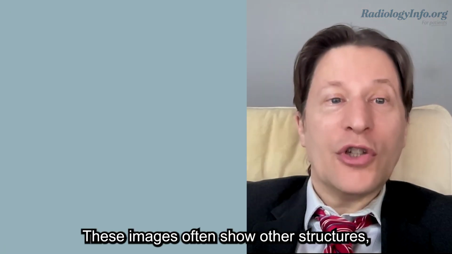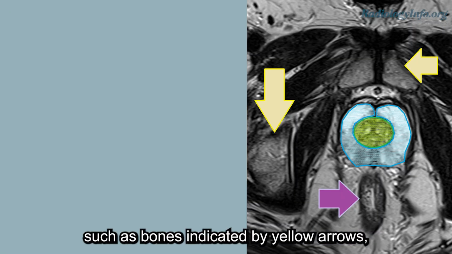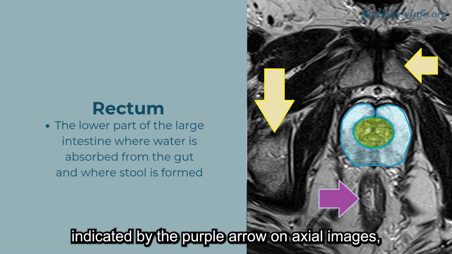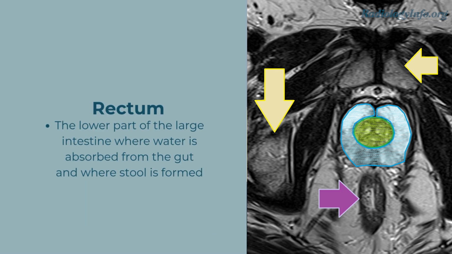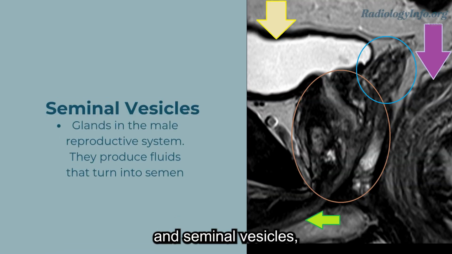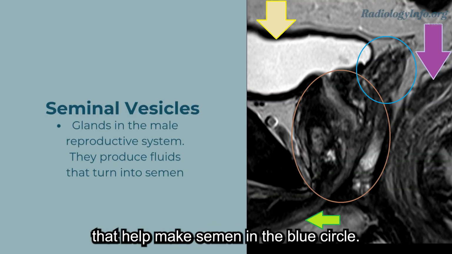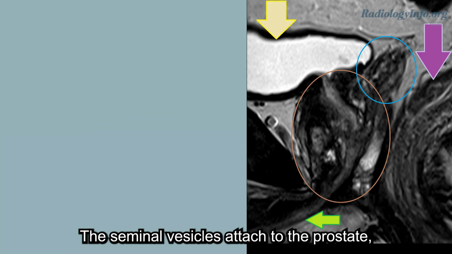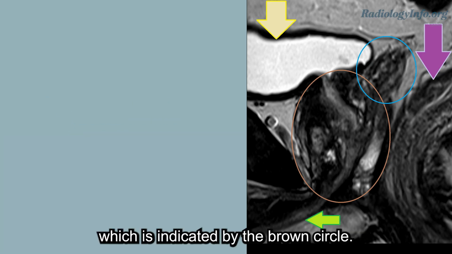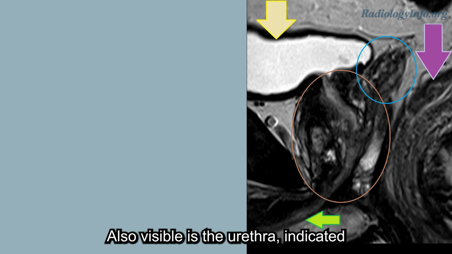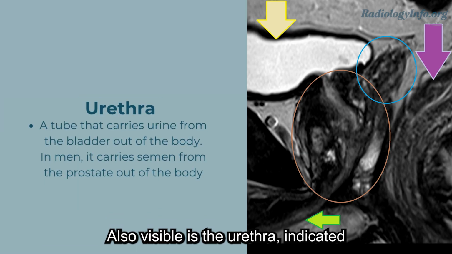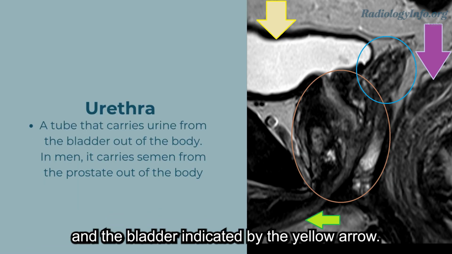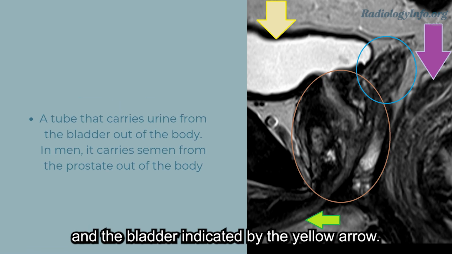These images often show other structures, such as bones, indicated by yellow arrows, and rectum, indicated by the purple arrow on axial images, and seminal vesicles, the glands that help make semen, in the blue circle. The seminal vesicles are attached to the prostate, which is indicated by the brown circle. Also visible is the urethra, indicated by the green arrow, and the bladder, indicated by the yellow arrow.